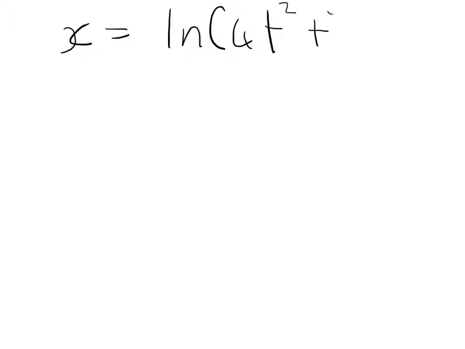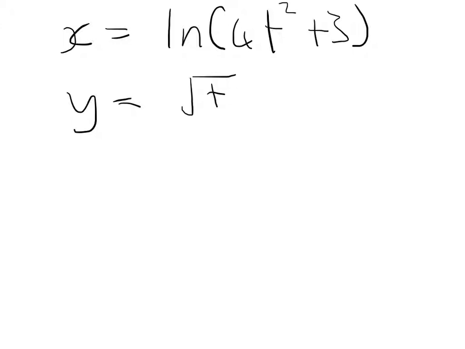Okay, we're going to have a look at this one here. x equals log of (4t squared plus 3), and y is equal to the square root of t.